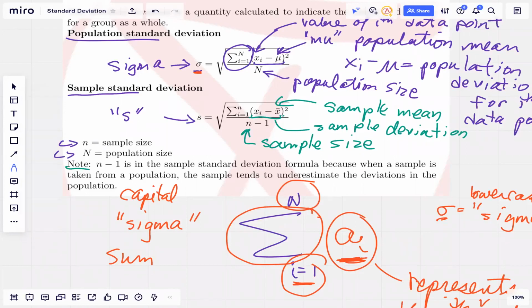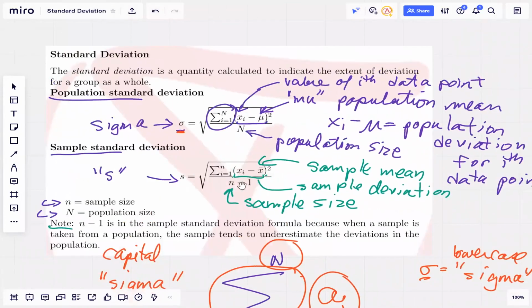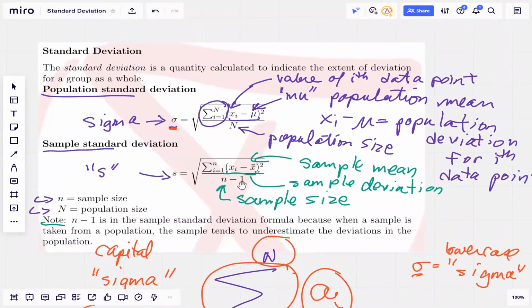Okay, so hopefully this helped with regards to notation, because it can get confusing. Let's clean this up. It's a bit messy, but we have our standard deviation. The standard deviation is a quantity calculated to indicate the extent of deviation for a group as a whole.